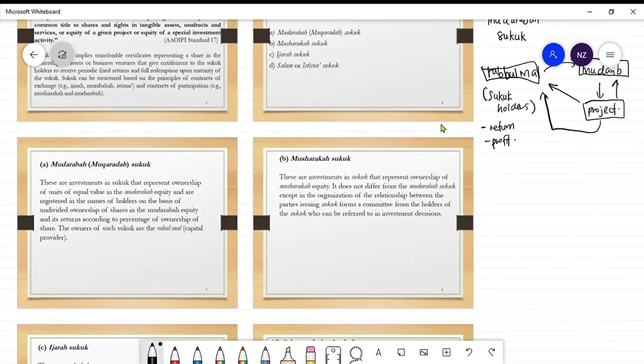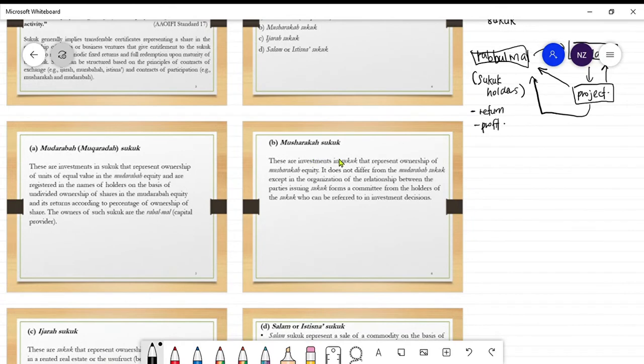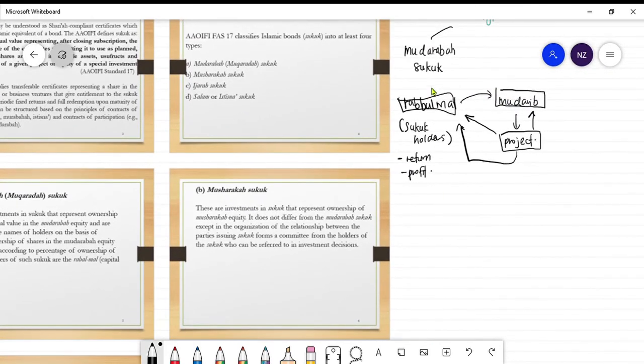Okay, and then musyarakah sukuk is the same as mudarabah. Only for musyarakah, both the mudarib and rabbul mal will provide cash or capital to the project. In mudarabah, only the rabbul mal gives cash to the mudarib as the capital.